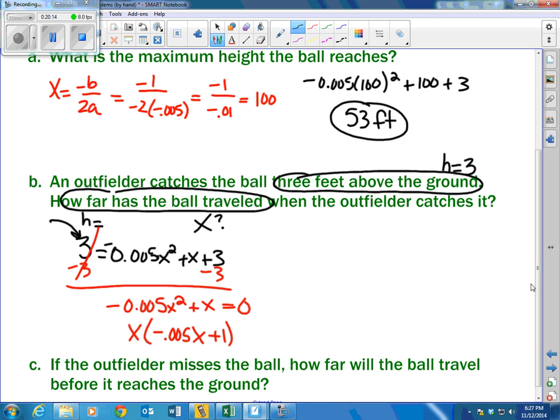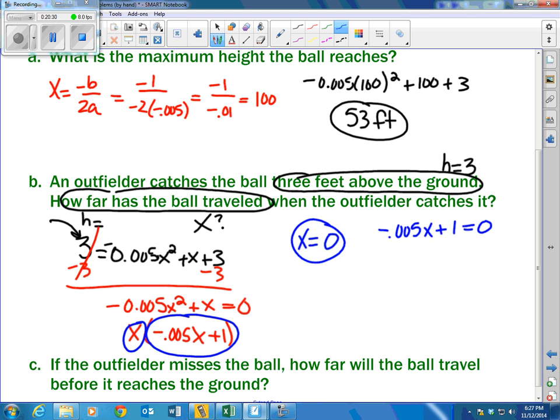I will take the part that's in front and set it equal to 0, and then I will take this equation and set it equal to 0, just like you always do when you factor. Here, obviously, I get x equals 0. Here, if I subtract 1, I'll get negative 0.005x equals negative 1. Divide by negative 0.005, and you're going to get x equals 200.